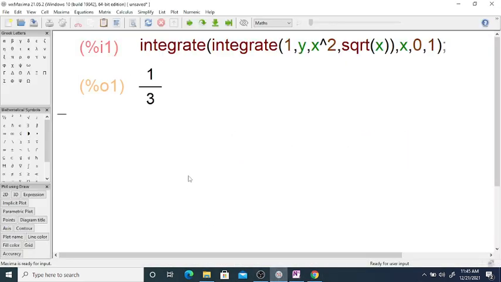Now you can also plot this given region, plot 2D. Okay, it is equal to say x square.